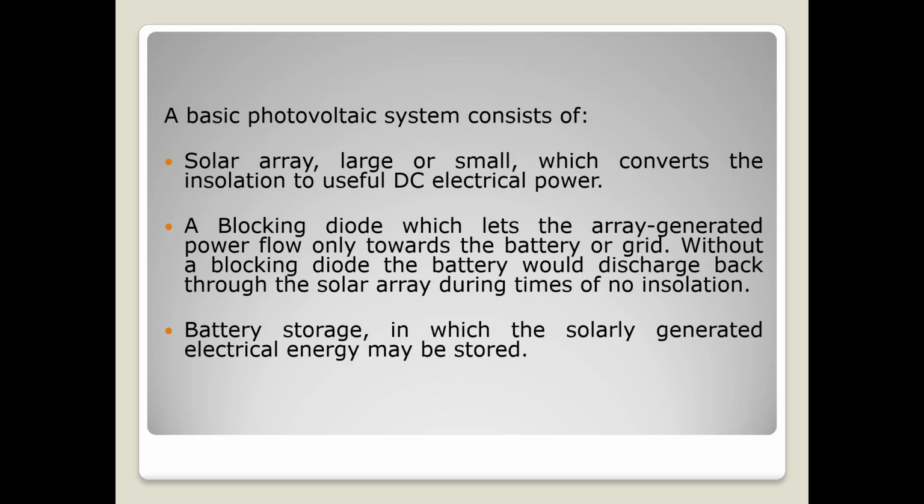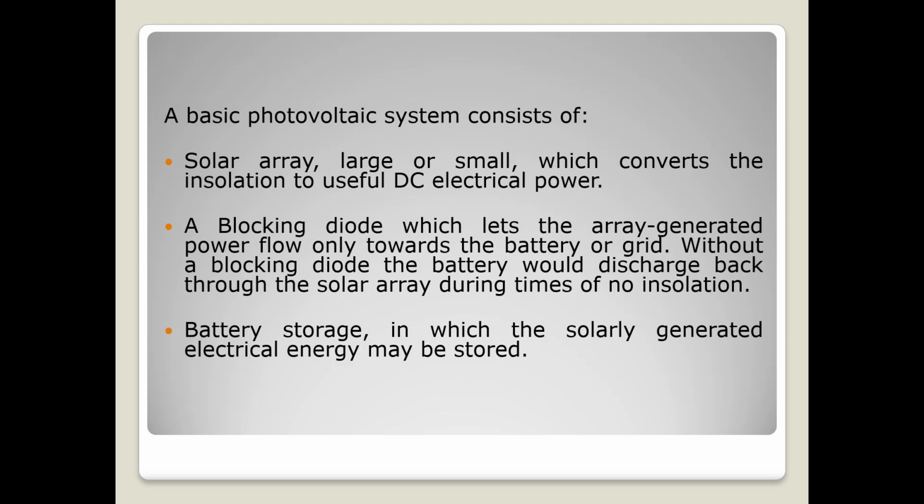Then a blocking diode, which lets the array generated power flow only towards the battery or grid. Without a blocking diode, the battery would discharge back through the solar array during times of no insolation. When there is no sun's radiation, there can be a chance of the battery discharging back into the solar array, so it should be prevented. So we are using the blocking diode between the solar array and the battery.